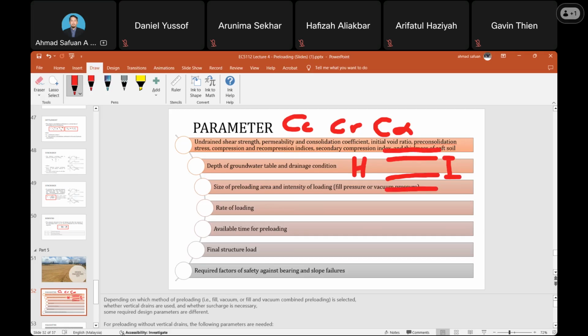If we have an impervious material, where water is not allowed to move in that material, like fresh rock or a hard layer, then we consider it a single drainage, where water moves to the top.